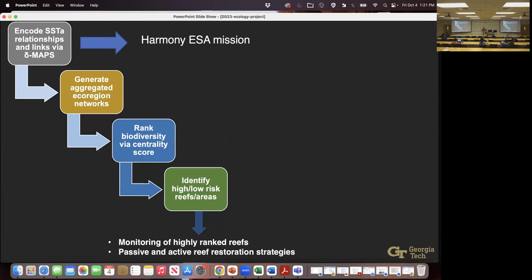Obviously, if you really want to protect one specific reef, you have to do higher resolution. But this is essentially mapping, at a resolution of 20 to 30 kilometers, what the marine ecosystem looks like for the surface one, so the euphotic zone.